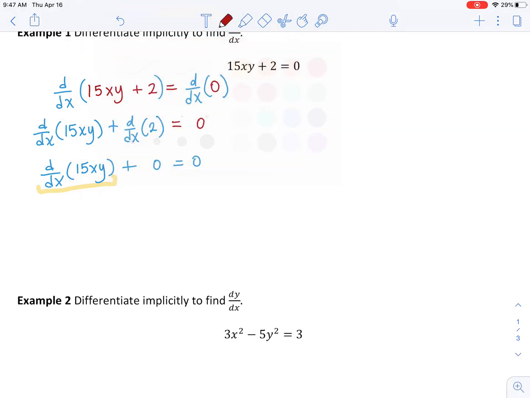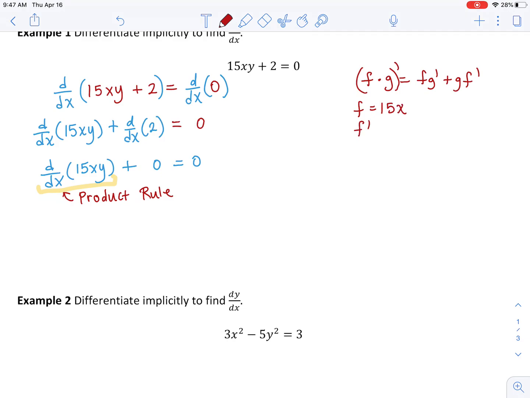Now notice 15xy is a product, right? It's 15x times y. So I'm going to use the product rule to differentiate this. Let's just write down what it is. f times g, if you take the derivative of that, that's going to be f g prime plus g f prime. What's our first piece here?